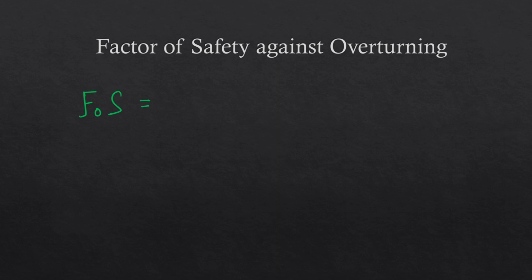The factor of safety against overturning will be given by the resisting moment divided by the overturning moment.